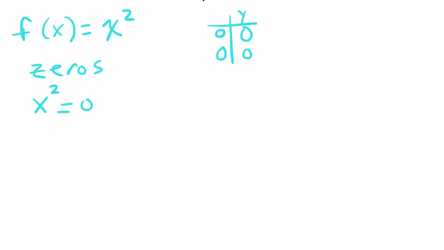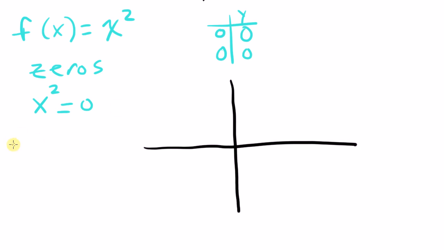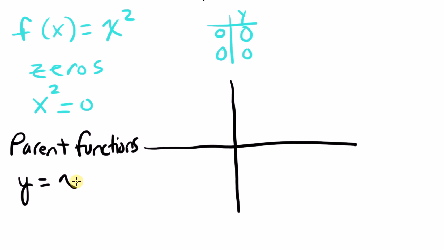So what that means is we can do a rough sketch of what the graph might look like. I like to call them parent functions. So the parent function here of x squared is x squared. And I know that my 0 runs through this point right here, and I know it's parabolic in shape, which means that it's going to look something like that.